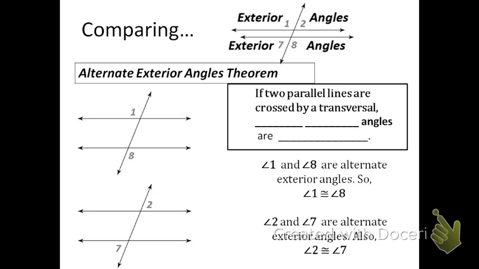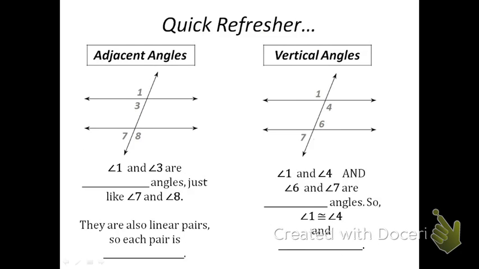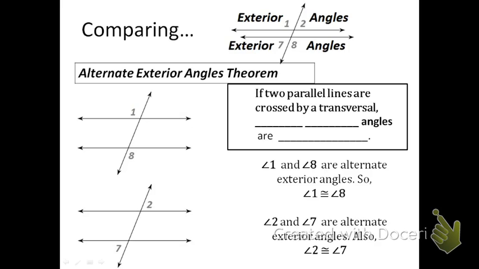Now angle 1 and 8, if we compare those, are alternate exterior angles. The theorem provided here says that if two parallel lines are crossed by a transversal, alternate exterior angles are congruent.